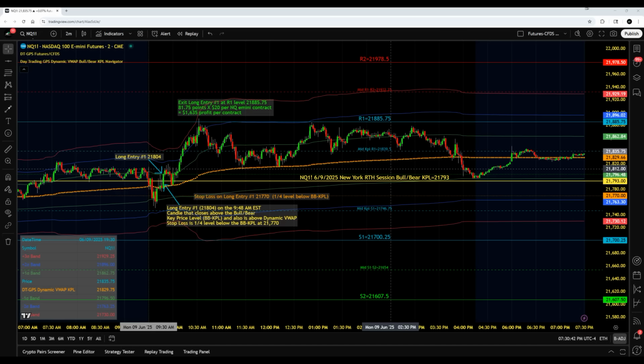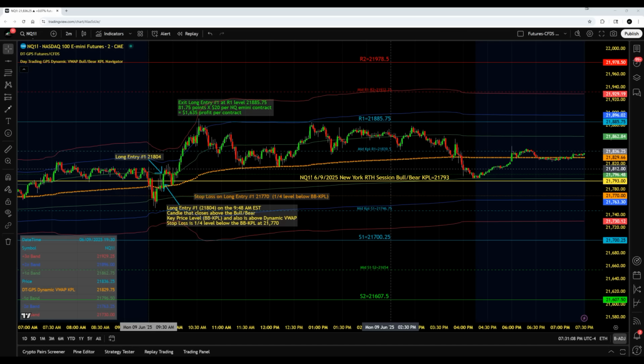And you can also use this indicator on other sessions. So we also have a setting that you can use it for the London session. If you're someone that trades the London session, or you're an overseas trader and you're trading in a different time zone and you prefer the London session, we also have levels for the Asia overnight session as well.